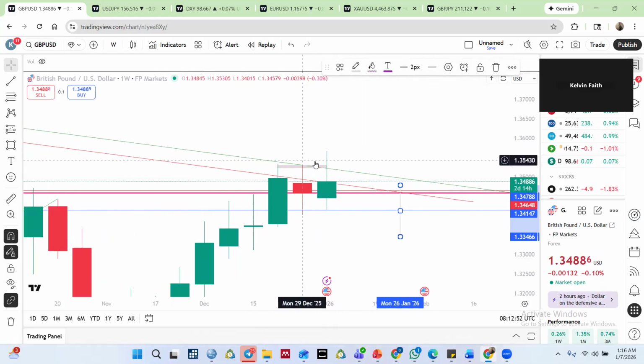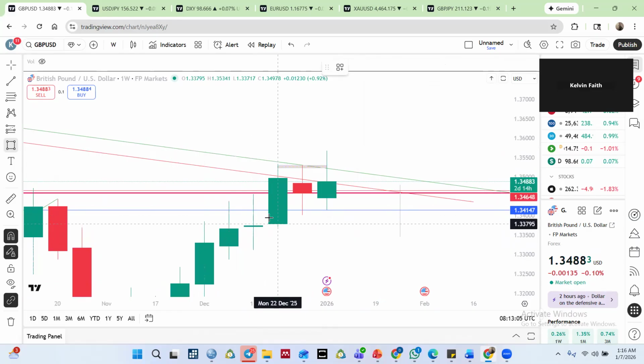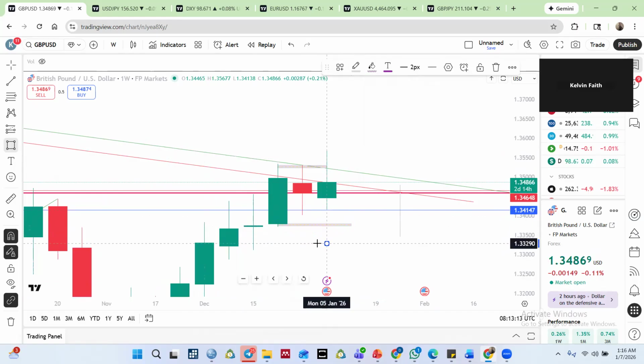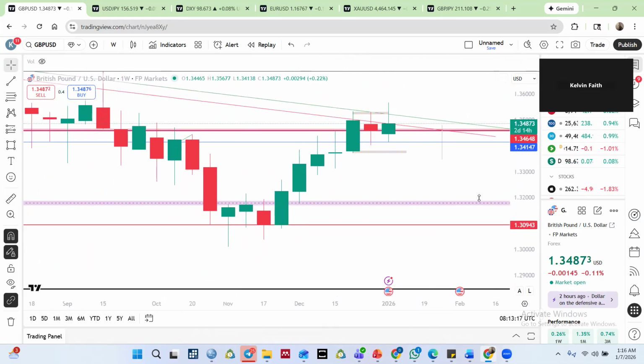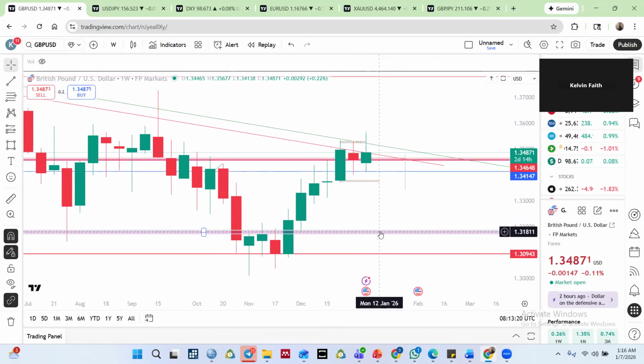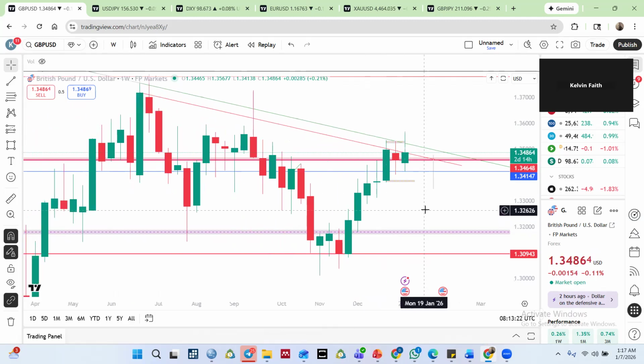We've taken liquidity above this area, so it could drop and become a bearish candle and then push down and close below this area on the 1 month time frame, and then we're going to have a deep fall into this area for a retest.